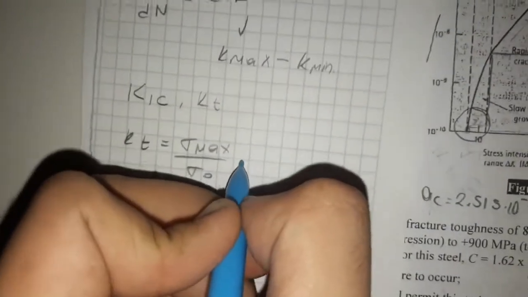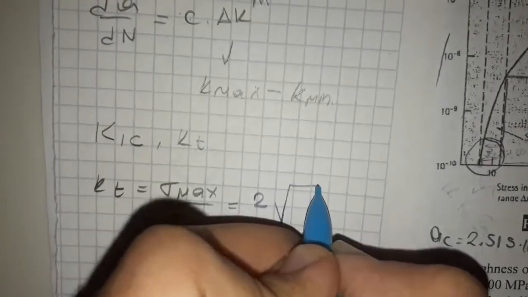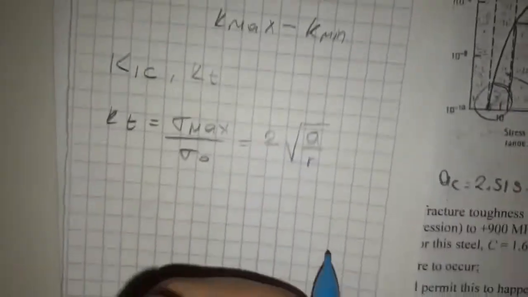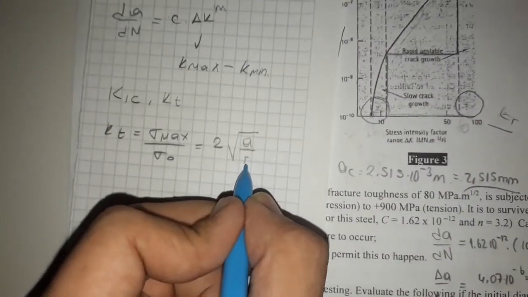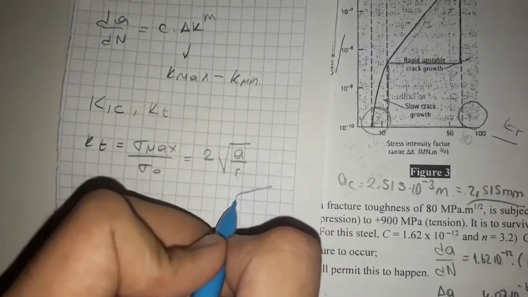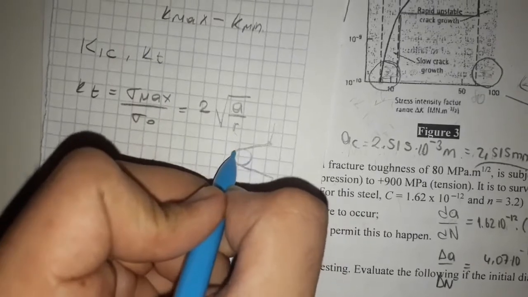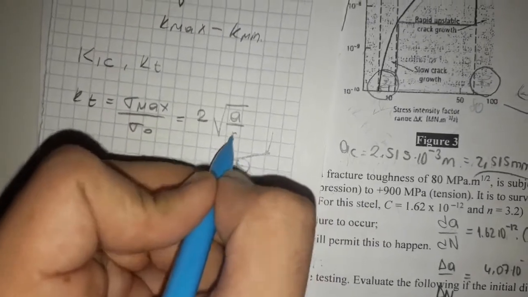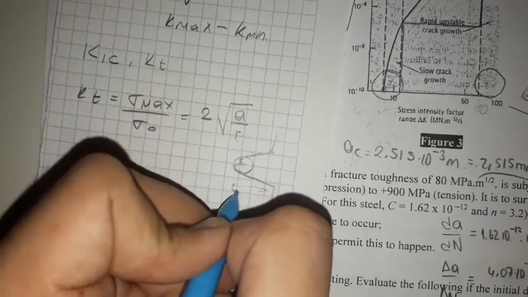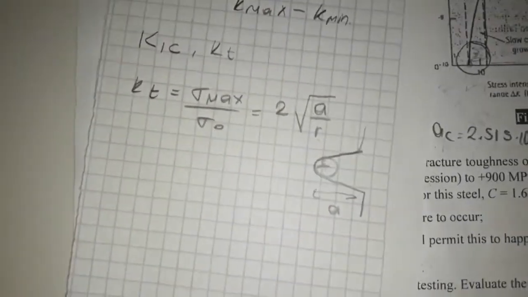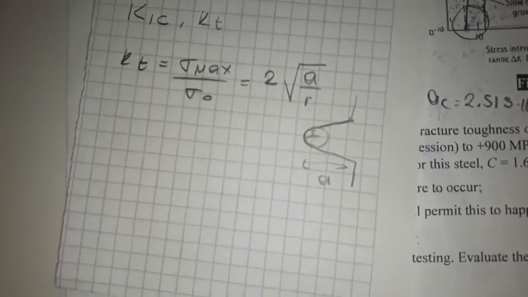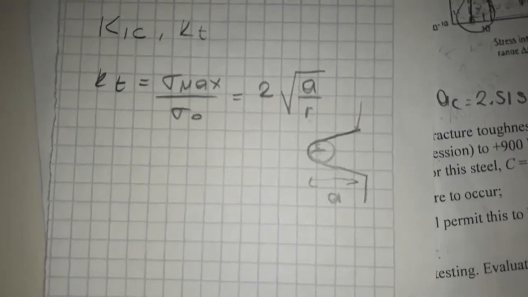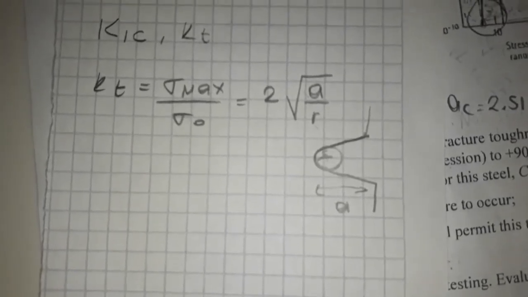And this also equals 2 times A over R, where A is crack length and R is fillet radius. If you look at a crack, if you make a little circle right there, this is R, the fillet radius, and the length of the crack is A. So KT depends on the crack length, and also on the fillet radius.